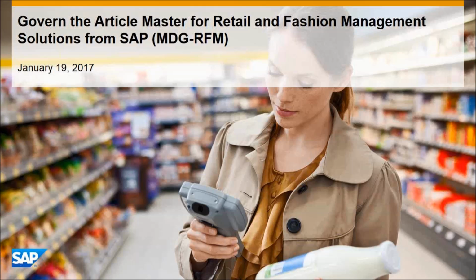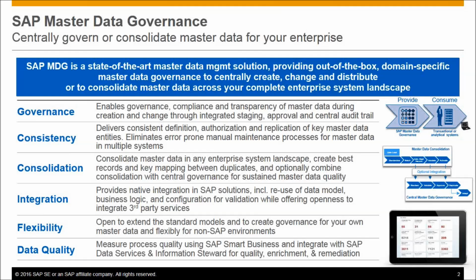Thank you very much, Lisa, and good morning, everybody, on this beautiful Thursday morning. We're going to talk about retail for fashion management for the AFS solution. Our overall version of master data governance for retail was introduced in April last year, 2016, and we had very strong interest in the product.